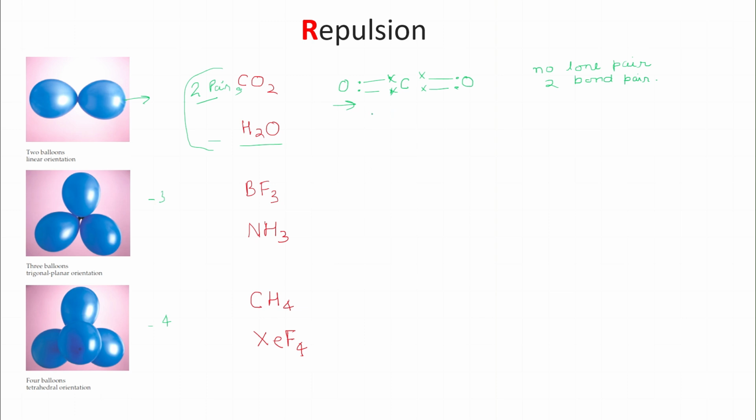Now to arrange something for maximum optimal separation in a 360-degree space, there are these 2 ends, so it will be a 180-degree alignment, and this will be linear geometry.